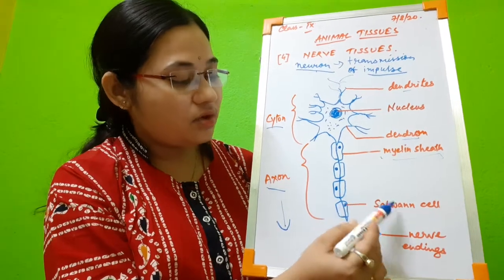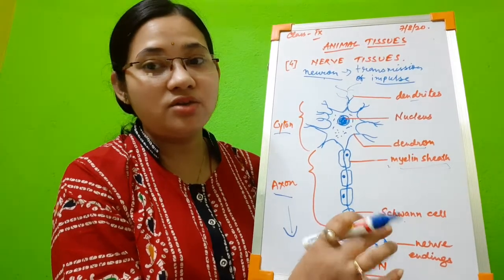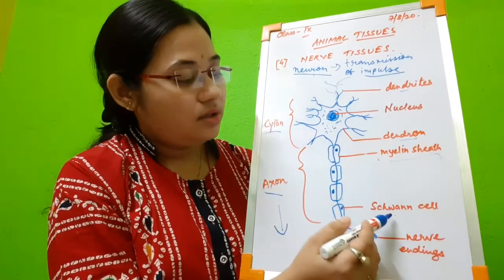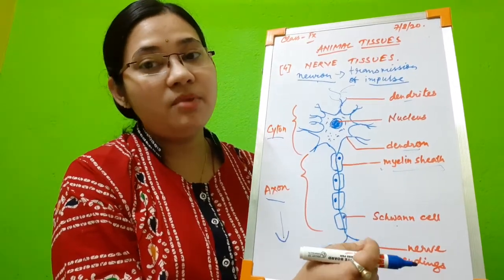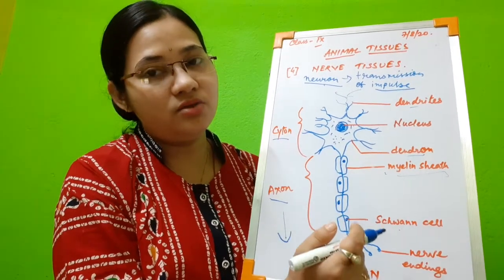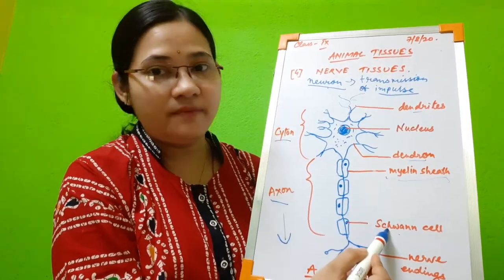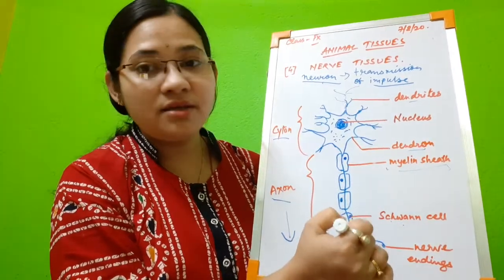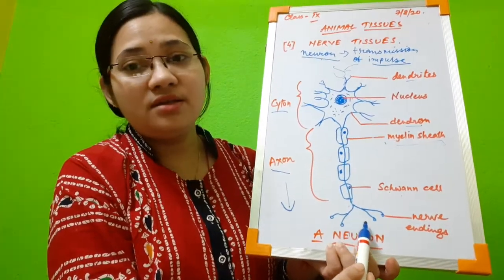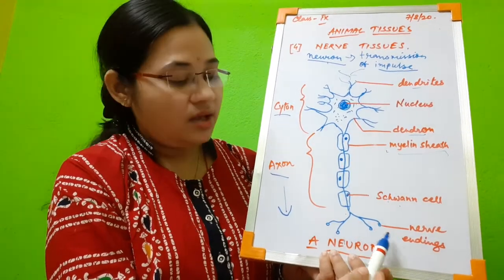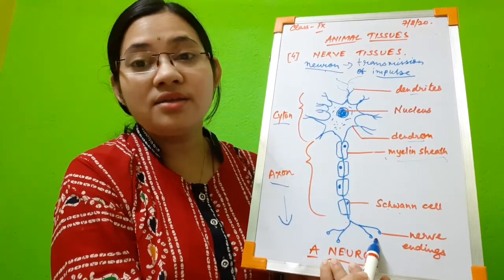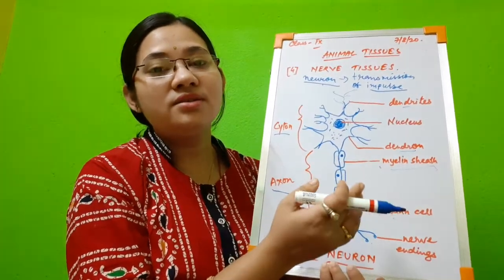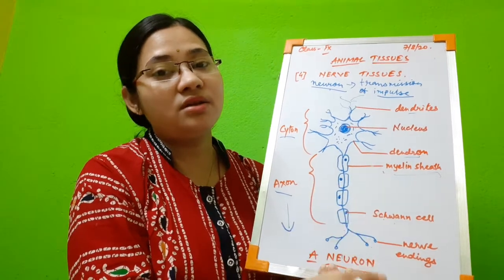There are some cells which are called Schwann cells, which are phagocytotic in nature, and they help in engulfing any foreign particle which may be wandering in the nervous tissue. Okay, so they are protective in function, and this portion is called the axon, and the end of the axon consists of some nerve endings, and these nerve endings are connected either to the next neuron or to certain muscles called receptor muscles or effector muscles.